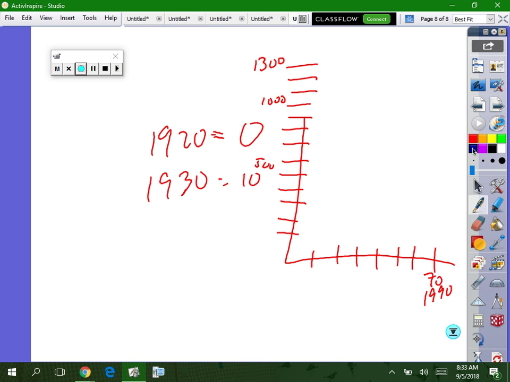So at 70, roughly right here. 178, somewhere right there. 258, roughly in there. 337, somewhere there. 390, there. 847 there, 1049 and 1282.